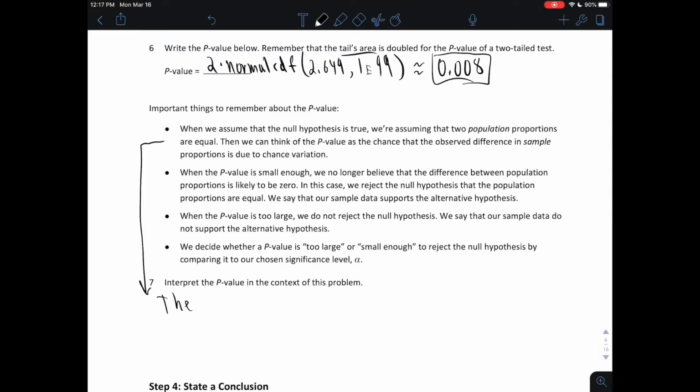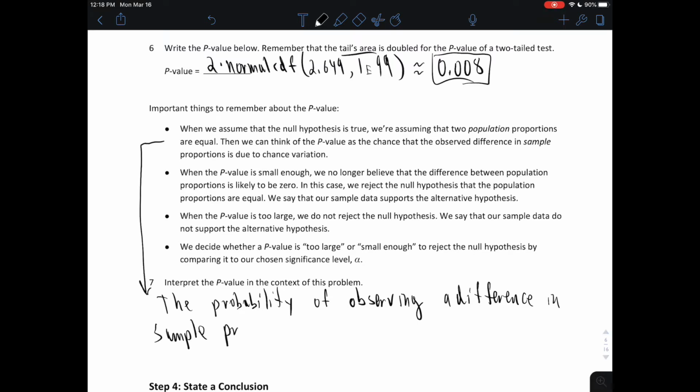So we can say that the probability of observing a difference in sample proportions as extreme as the one that we did, which was 0.098, the probability of observing a difference in sample proportions as extreme as that is, and this would be 0.8%, which is just taking our p-value 0.008 and converting that to a percent.